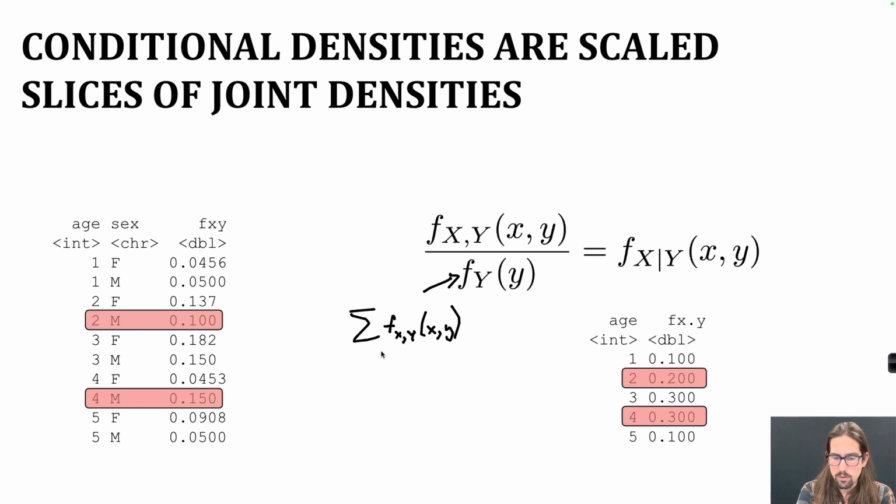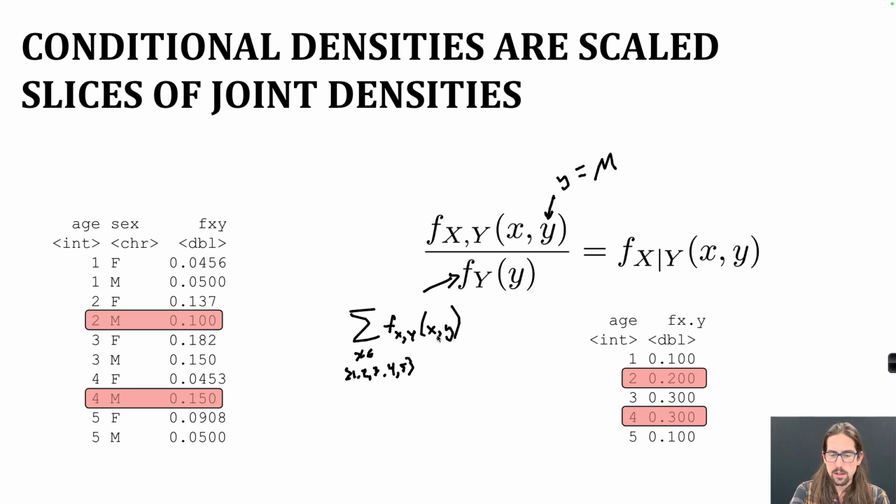What am I summing over? All the different values. So here I'm fixing y. This is fixed. Let's say y equals m, right? So this is fixed, but I'm summing up over all the ages. So for example, x in 1, 2, 3, 4, 5.